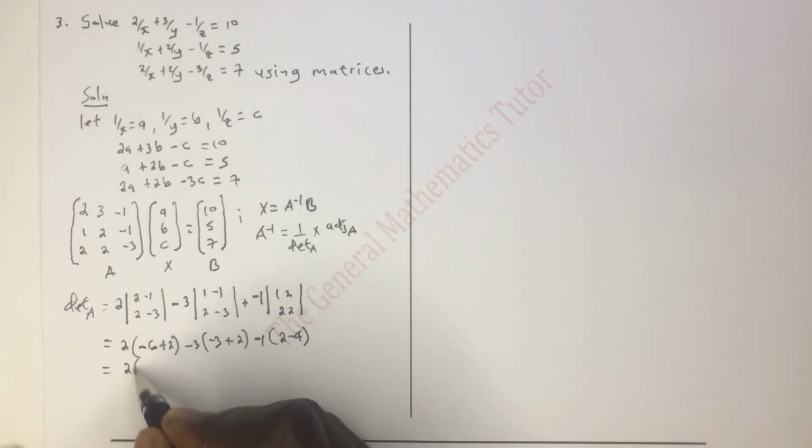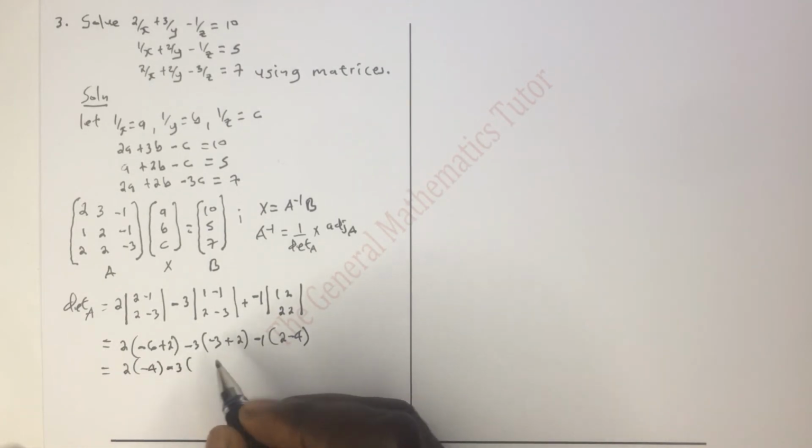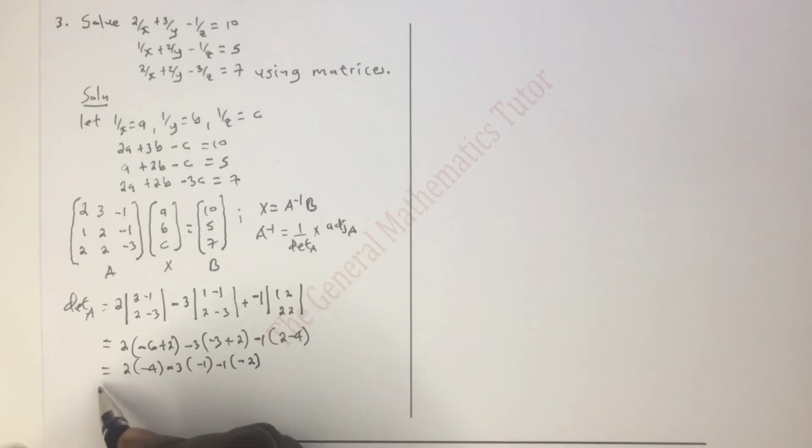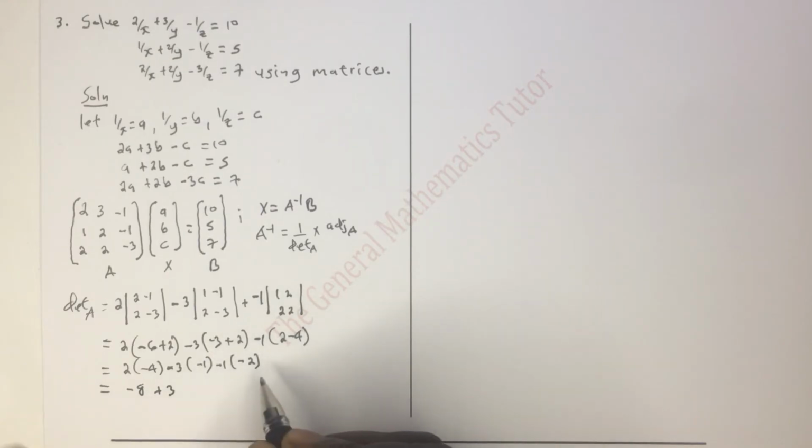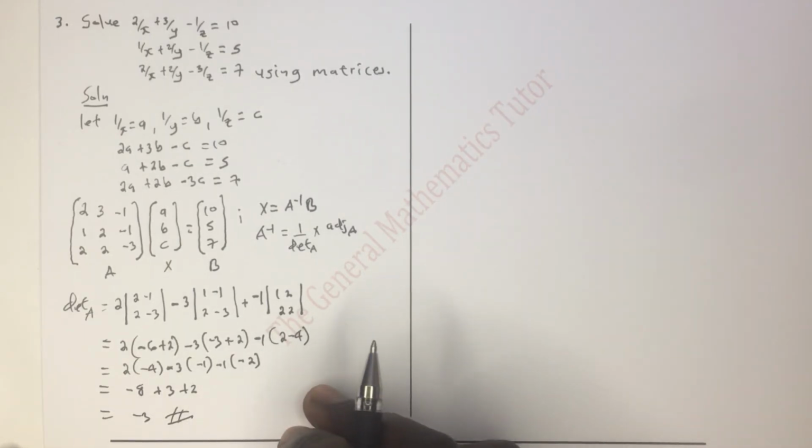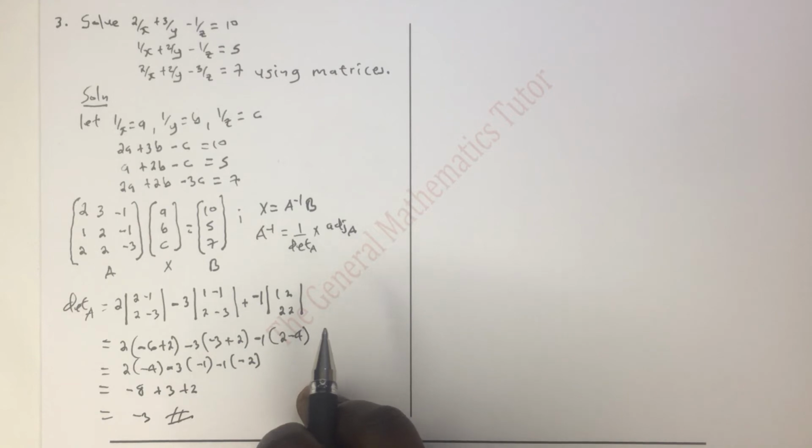So you have 2 into negative 4 minus 3 into negative 1 minus 1 into negative 2. So here you have negative 8 plus 3 plus 2. So that should be negative 3 as the determinant of the coefficient matrix.